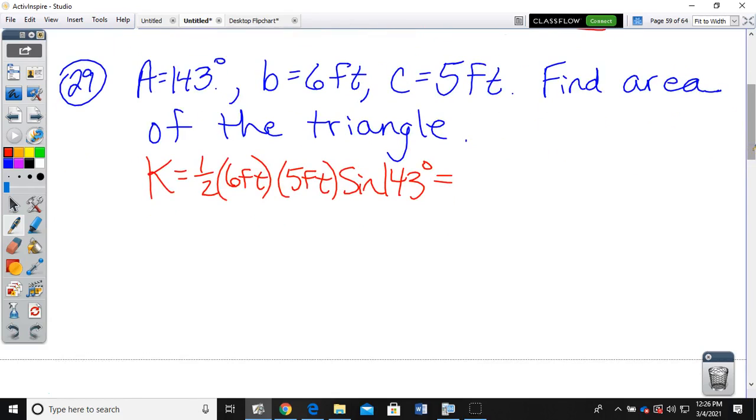That equals 13.5. Okay, I got 13.5. That's it. Close enough, you multiply by 6 instead of 9. Everybody good?